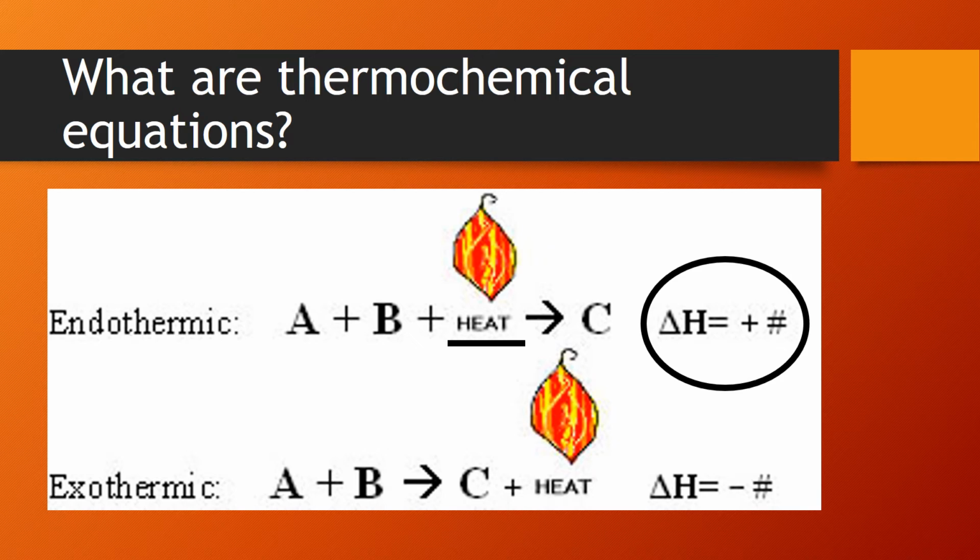If you have an exothermic reaction and your heat is a product, heat is released, so heat would be a product in an exothermic reaction, and your enthalpy change, or delta H, would be written as a negative number next to the equation. So we have two ways to write endothermic and exothermic reactions, either with a positive or a negative delta H, depending on the type of reaction. There's a lot of information that a delta H can give us, depending on its sign and depending on the number.